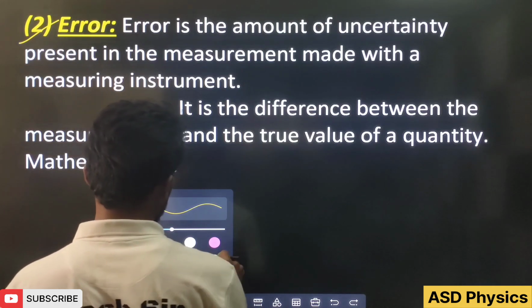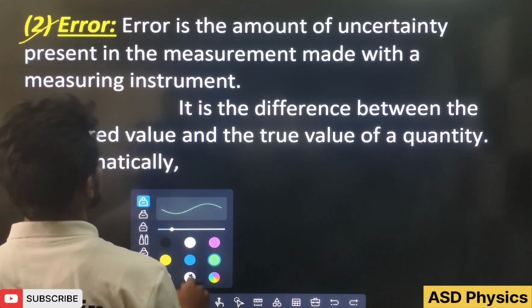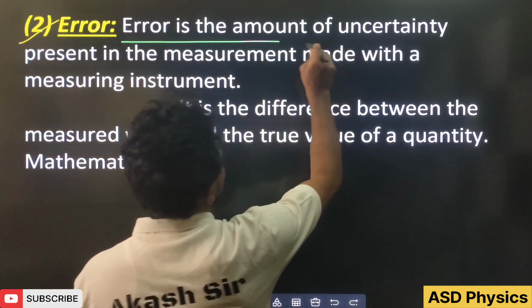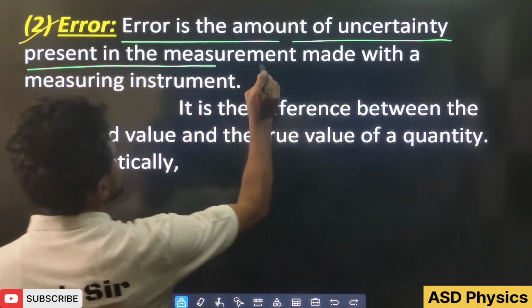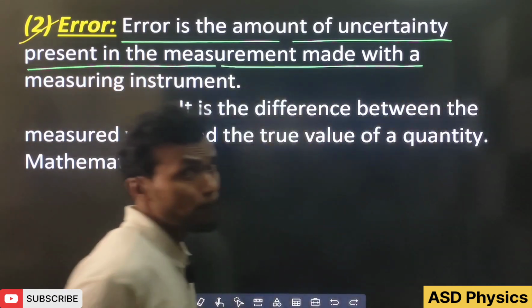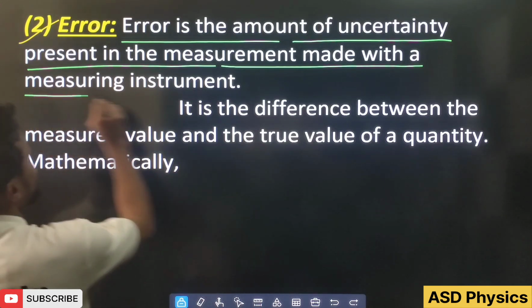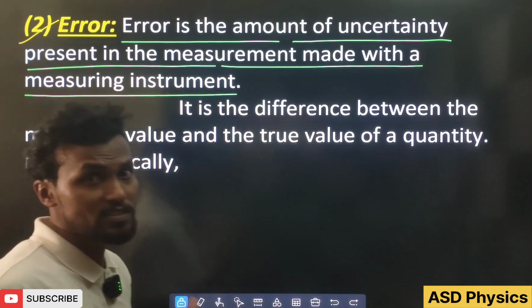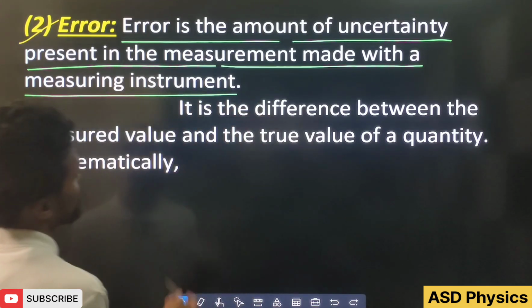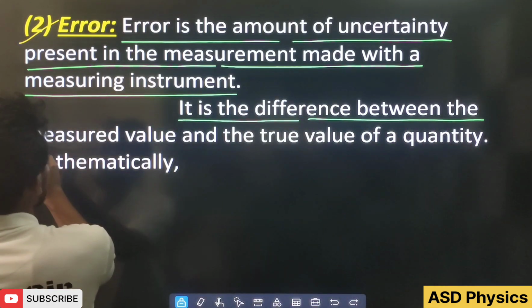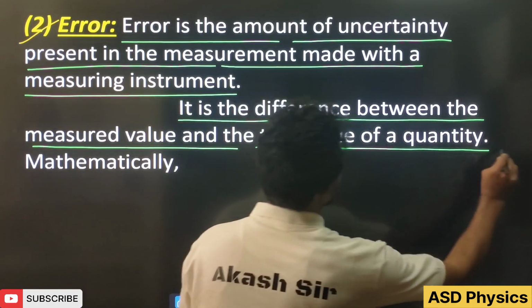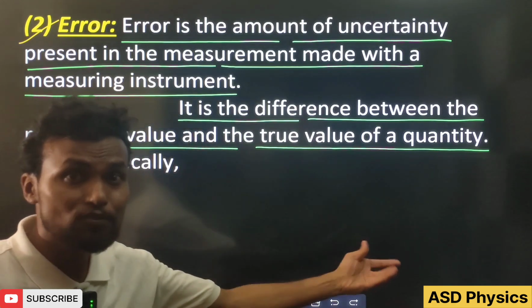Next one, kindly see here the error. So what is the error? Error is the amount of uncertainty present in the measurement made with a measuring instrument. The amount of uncertainty present is called the error. It is the difference between the measured value and the true value of a quantity, as I have told you before also.